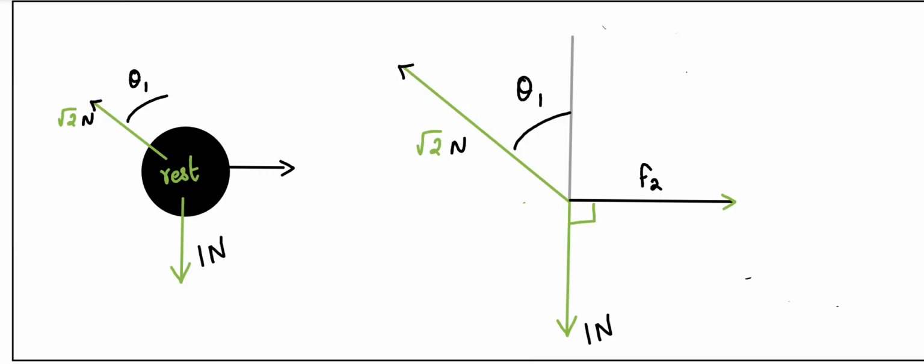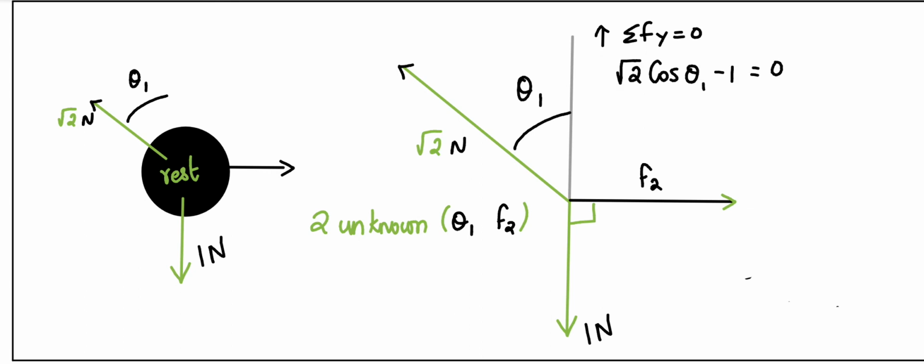The next case I consider has two unknowns: one is the angle or direction of a force, the other is the magnitude of the other force. I am solving this: summation of Fy is equal to 0 gives me cos theta 1 is equal to 1 by root 2, which I solve further, theta 1 is equal to 45 degrees.